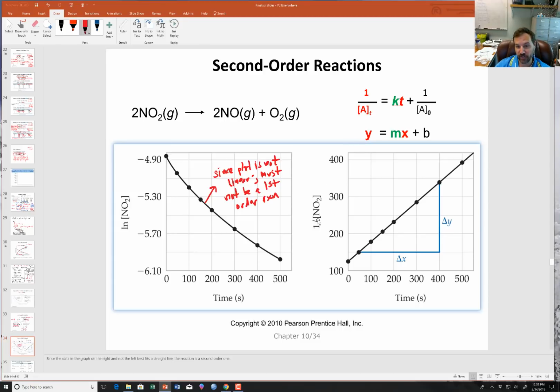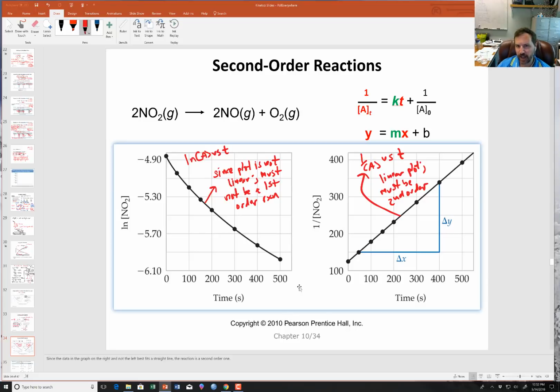But then if we take 1 over concentration versus time, that now gives us a linear plot. So this tells us it's second order.